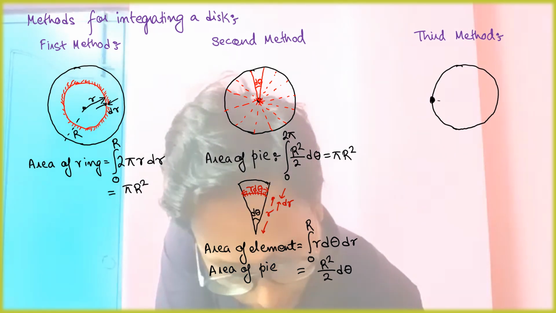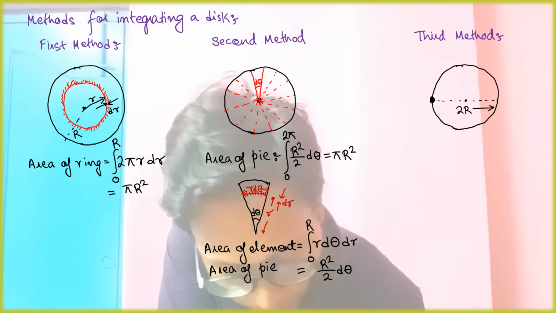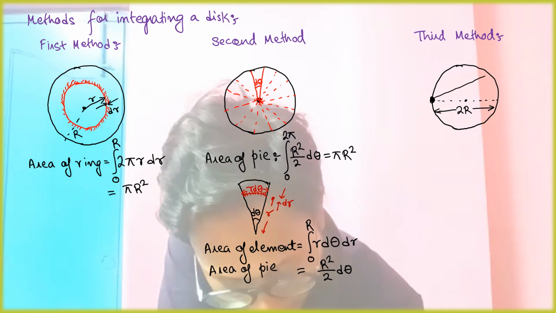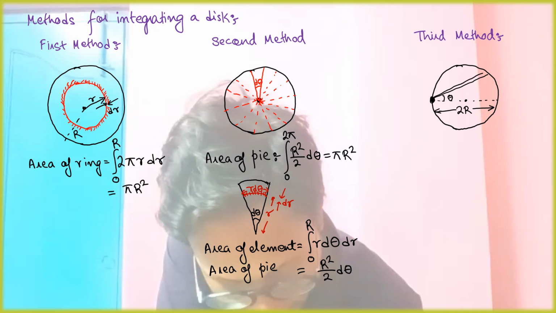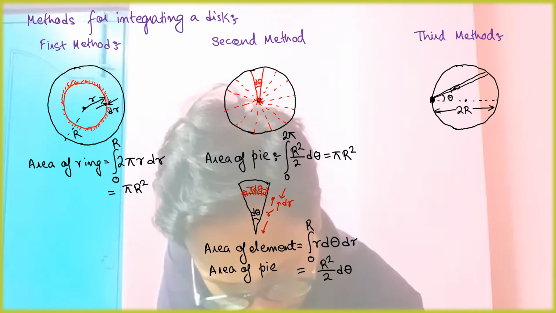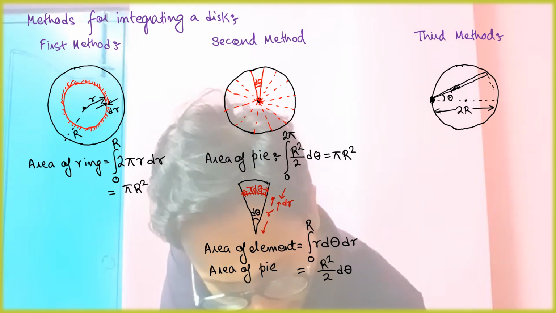So let's draw a diameter. Diameter always passes through the center, and the length of the diameter is 2r, or twice the radius. Now let's draw an angle theta out here, and this angle is d theta. Okay, how much is this angle?